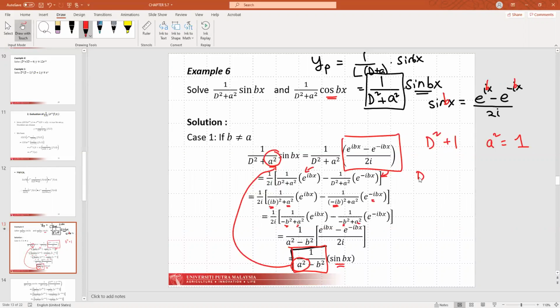Kalau saya ada D squared plus 3, so meaning that A squared is just 3. Dia bukan, kalau mungkin saya takut awak tersilap, this is not like A squared sama dengan 3 kuasa 2 sama dengan 9. So salah. Okay. So kena pastikan yang ni betul.